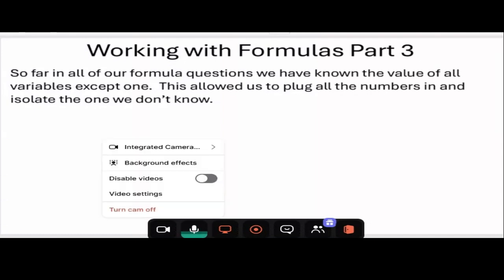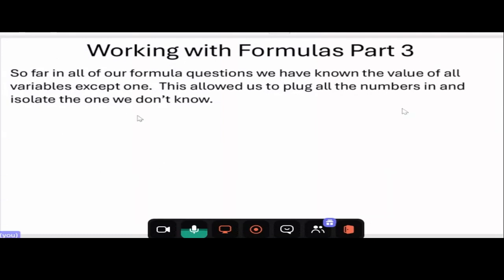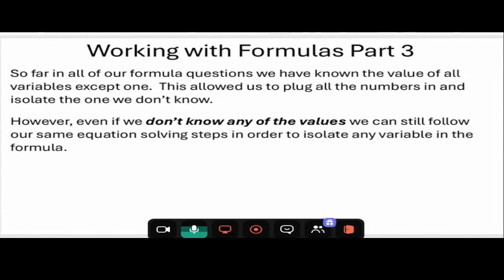The common theme of all of them is that we were given all of the variables. So we could just plug in all the numbers and isolate the one we didn't know. What's going to happen now is that we're going to look at questions where we don't know any of the values. But even though we don't actually know any of the values, we can still follow through all of the same steps and isolate any variable in that formula to get it by itself.